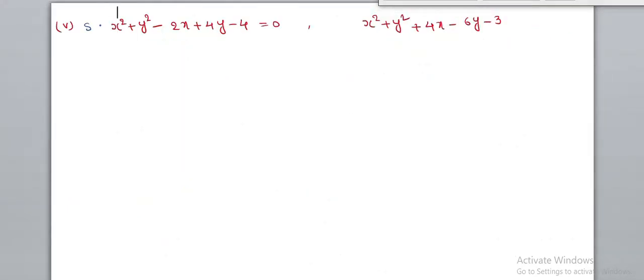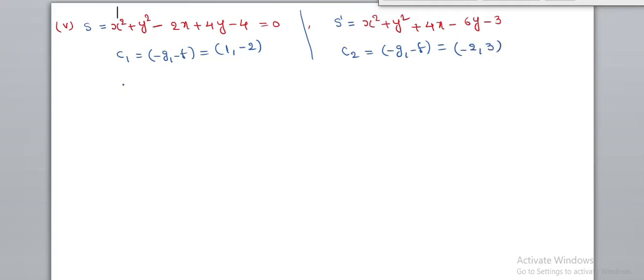Right now, given circles S equal to 0 and S dash equal to 0, you can directly write C1. 2g equal to minus 2, g equal to minus 1. By the formula, (minus g, minus f) is (1, minus 2). For circle C2, (minus g, minus f): 2g equal to 4, so it is (minus 2, 3). The radius r1 is equal to the square root of g square plus f square minus c, that is 1 plus 4 plus 4, that is the value 3.